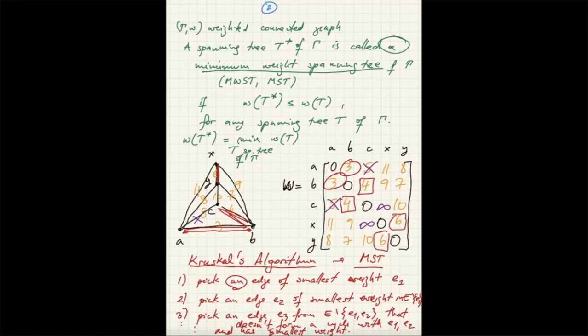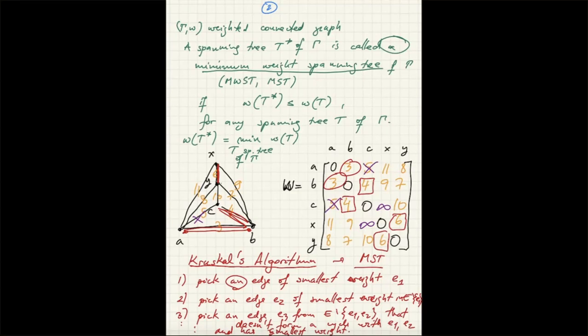Let me finish it on this example on this page before giving the general description on the next page. We have chosen 3 edges, and now we just need one more.